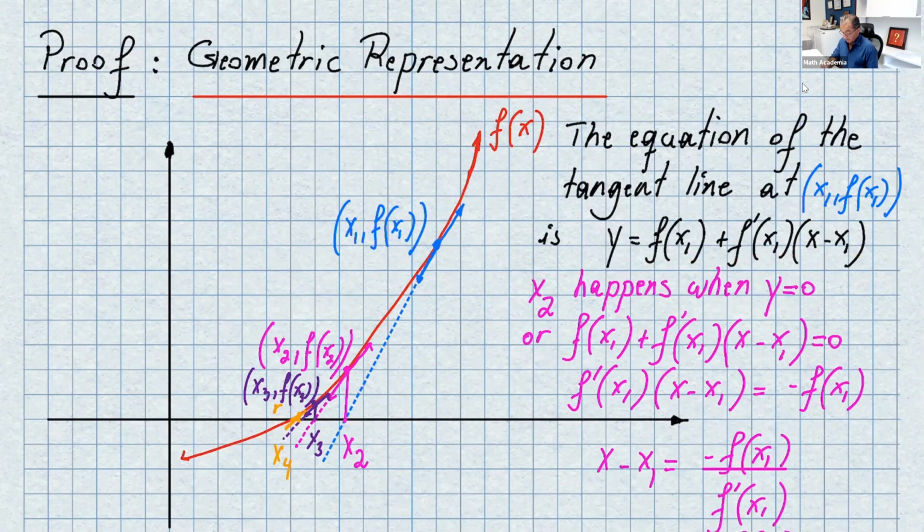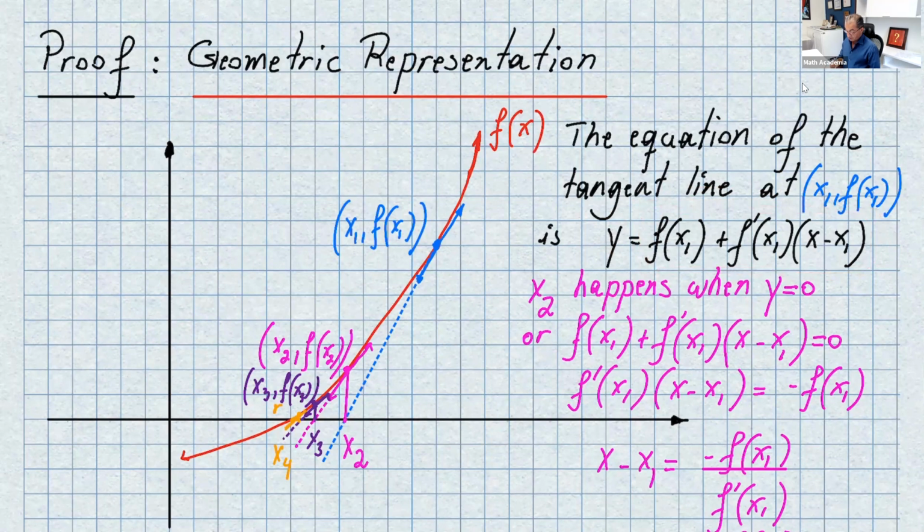Now algebraically, if I want to put it equal to 0, I can say that y is 0. So just solve this equation. Take that expression on the right side and put it equal to 0. So basically find the x-intercept of the equation of that tangent line.